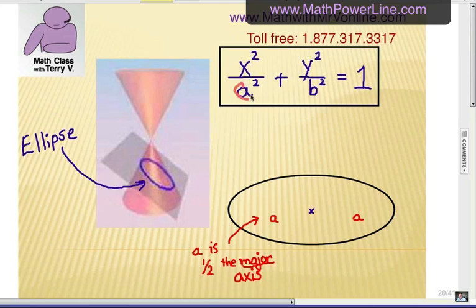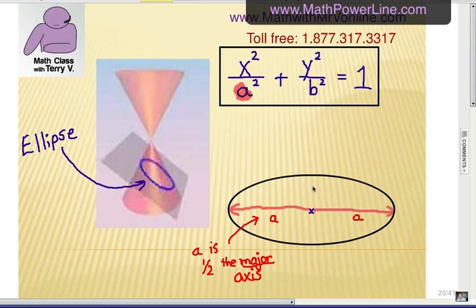Okay? Now a itself represents half of the major axis. All right? In other words, from the center, we're going to go out a distance of a to the left and a to the right. So the entire major axis, the longest part of the ellipse, is the distance of two a values.